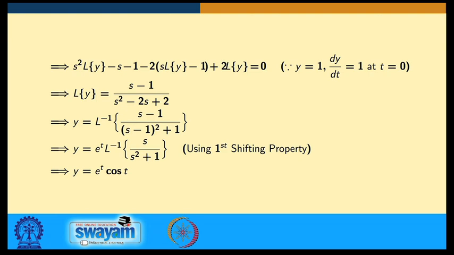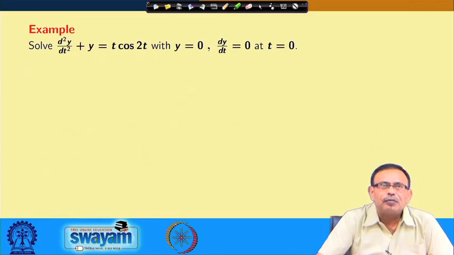So, now I am getting Laplace transform of y equals s minus 1 by s square minus 2s plus 2. So, y is Laplace inverse of this. So, using the first shifting property as I was telling, I can write it as e power t into Laplace inverse of s by s square plus 1, and from here I am getting the solution as e power t into cos t. I am obtaining the solution.